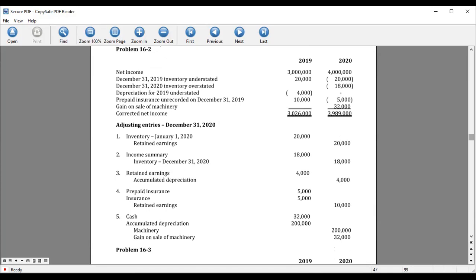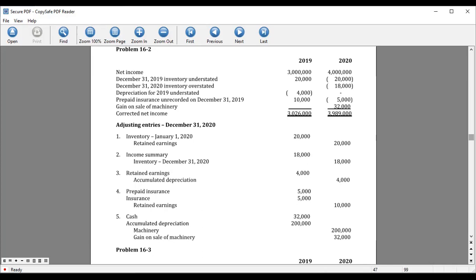The December 31, 2019 inventory was understated, so we have to add back 20,000 by debiting inventory January 1 and credit to retained earnings for the amount of 20,000.